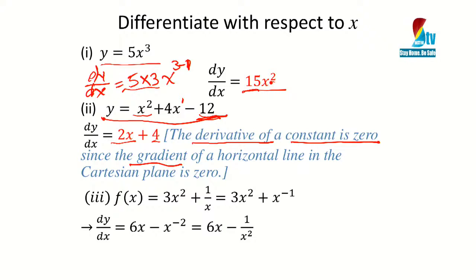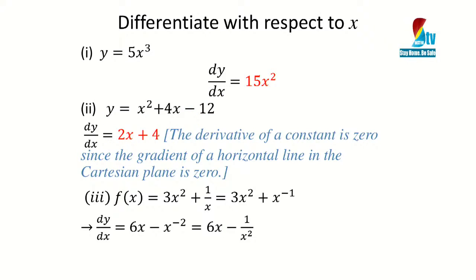So the derivative of the 12, because it's a constant, is 0, so that our derivative function of y equals x squared plus 4x minus 12 is going to be 2x plus 4. That is our derivative.